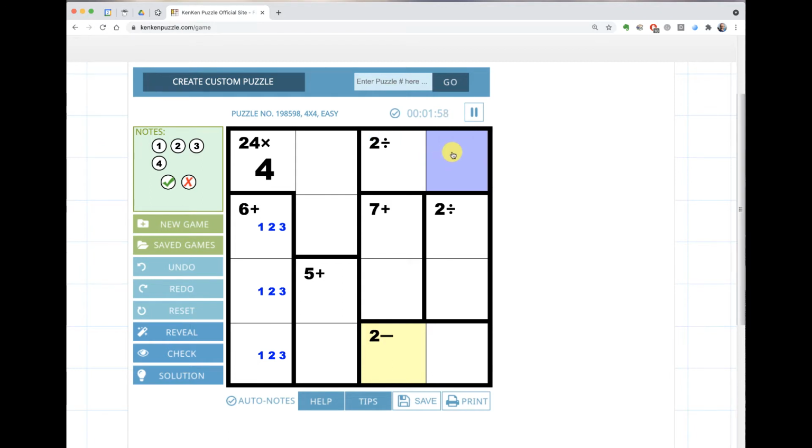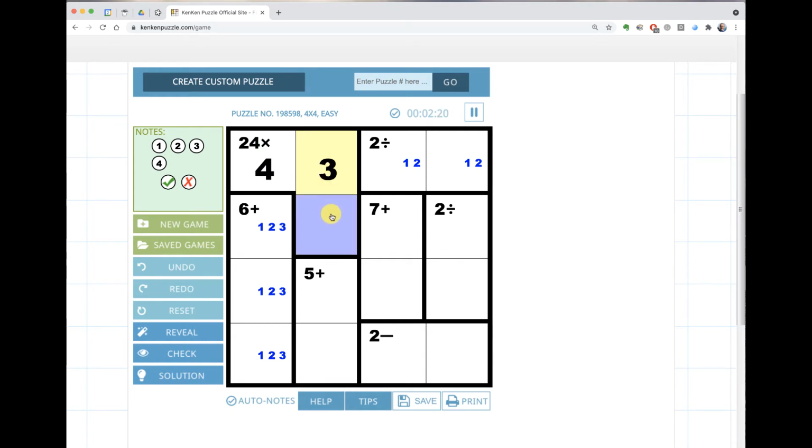Actually, I think that's the only thing you can do. But you can have 1 and 2 or 2 and 4. Well, the 4 is already used, so this has got to be 1 and 2, which then tells me this thing is a 3. So 12 there, 4 times 3 is 12.